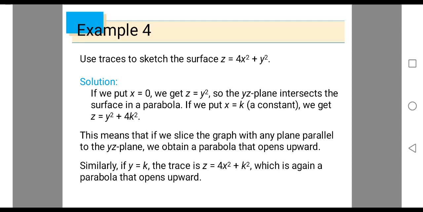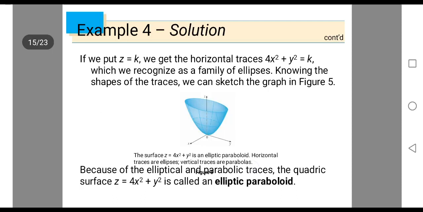Okay, similarly, if we replace y with k, the trace is going to be z equal to 4x squared plus k squared, which is again a parabola that opens upward, right? So in this equation we got two curves that are parabolas opening upward.